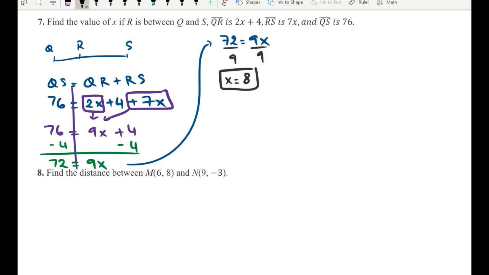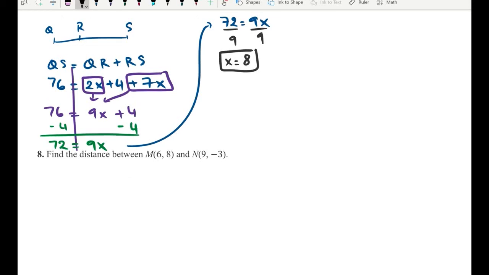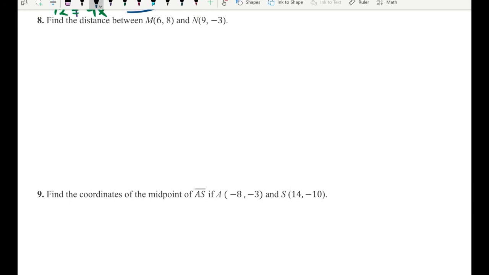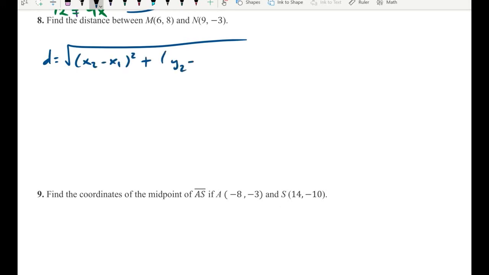Alright, problem 8. The distance between M and N. We're going to use the distance formula. D equals the square root of x2 minus x1 squared plus y2 minus y1 squared. So this is x1, y1, x2, y2.